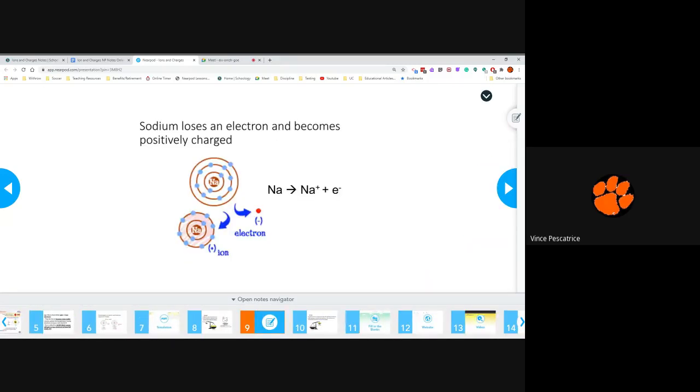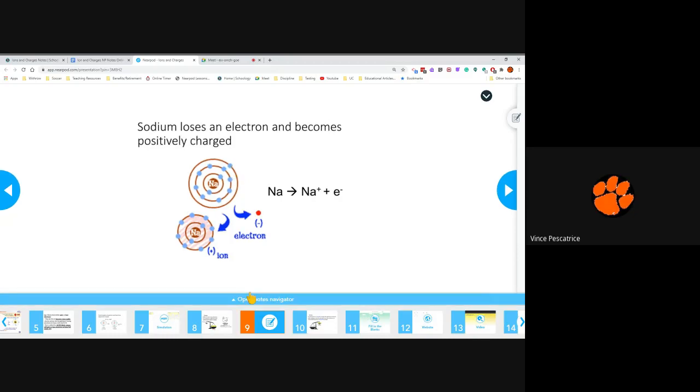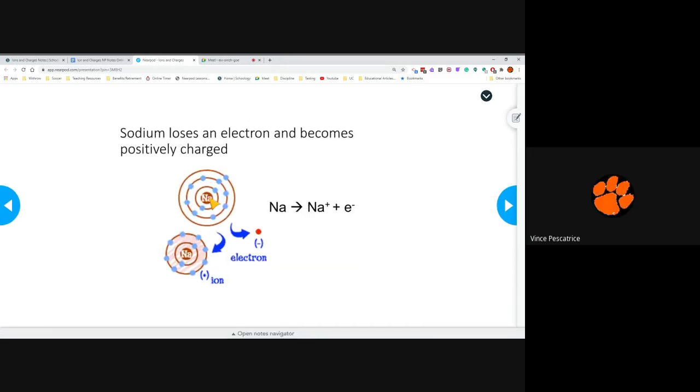So here you have sodium. Sodium has 11 protons and 11 electrons, but only 1 electron in its outer shell. This is what I'm talking about when it wants to lose an electron in order to get to the full shell of 8. The last outer shell has 1 electron.